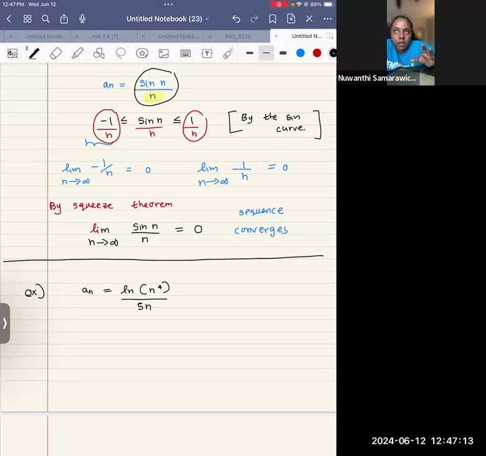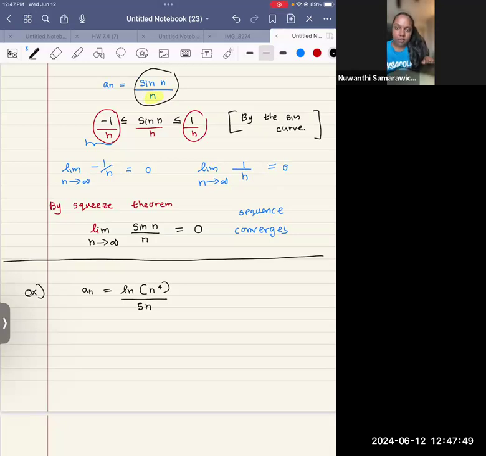So here also we are using just a rule, not a theorem, it's a rule. Yes, very good, Melody. We are going to use L'Hopital's rule.